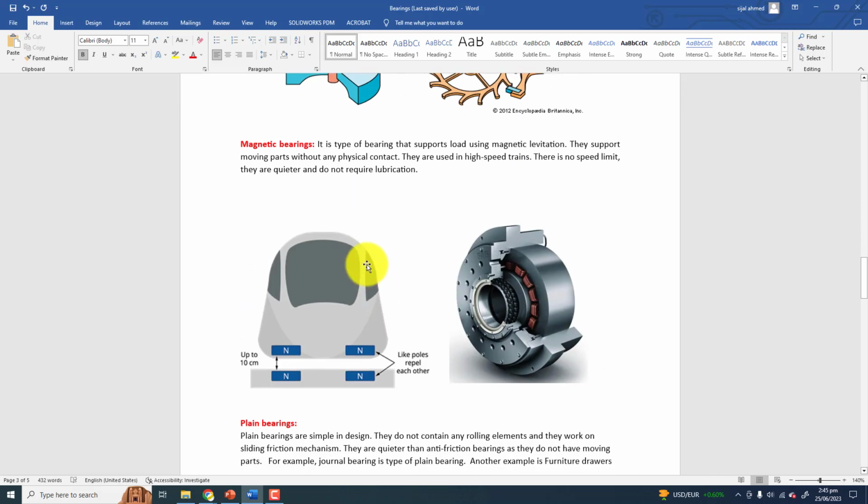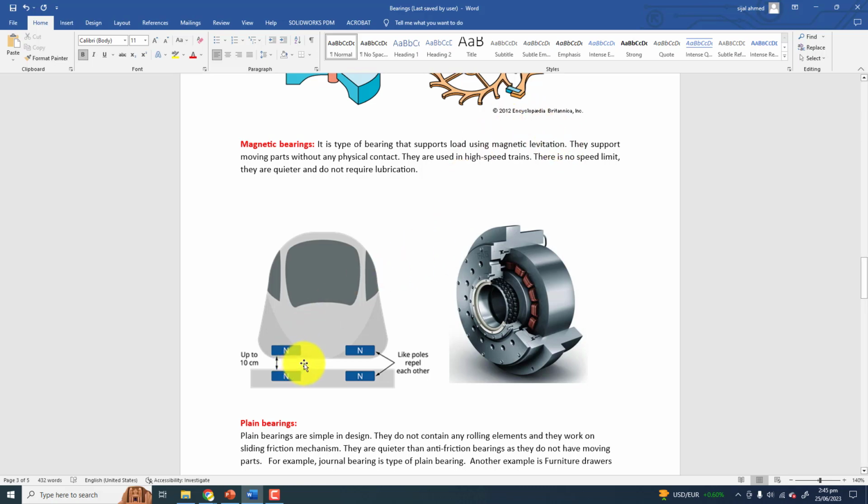The next type is magnetic bearings, which support load using magnetic levitation. Levitation means that the repulsion between two similar poles creates a gap between the bottom surface, that is the ground, and the upper surface, that is the bottom of the train.